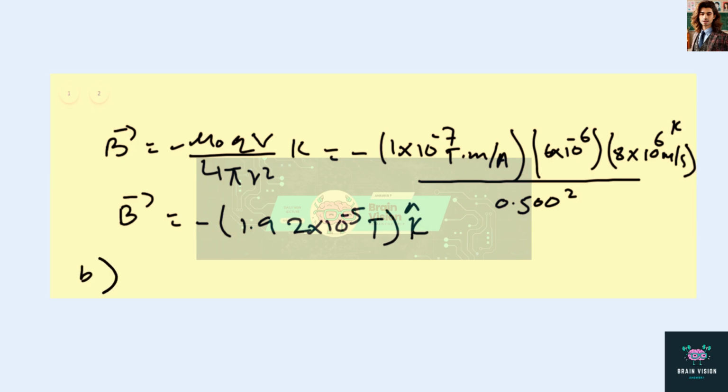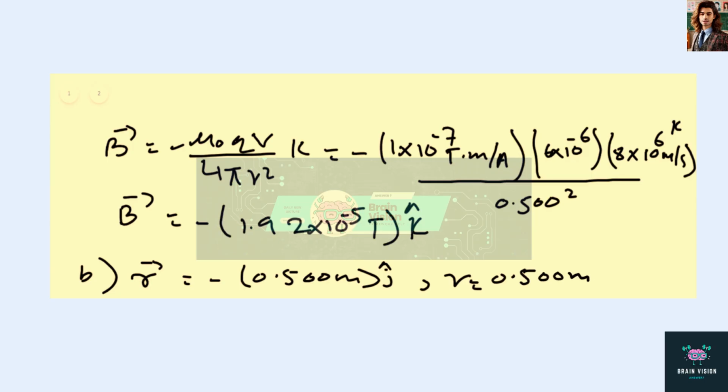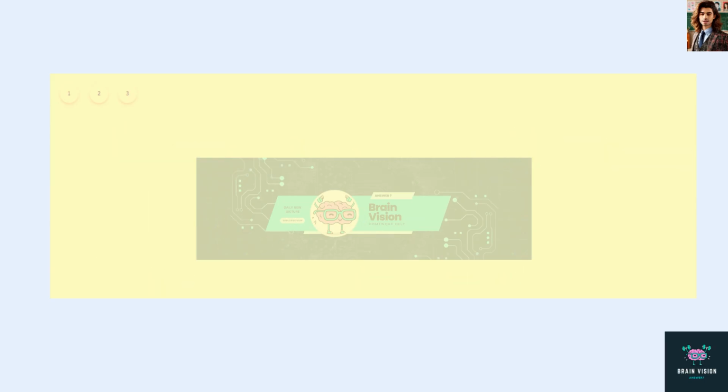Part B, for r equal to minus 0.500 meter in the j direction, where the magnitude r is 0.500 meter. Again, using the same procedure, we can just substitute the value for v cross r, which here is minus v r, j cross j.